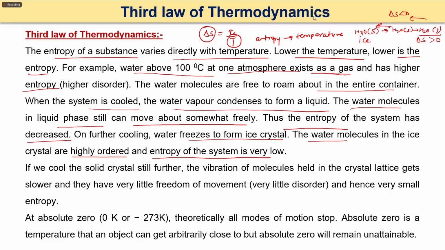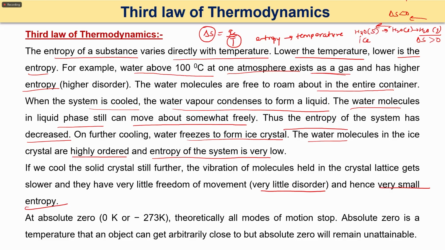The molecules held in the crystal have very little freedom of movement because of the slow vibrations, so there will be very little disorder, and hence your entropy will be very small.